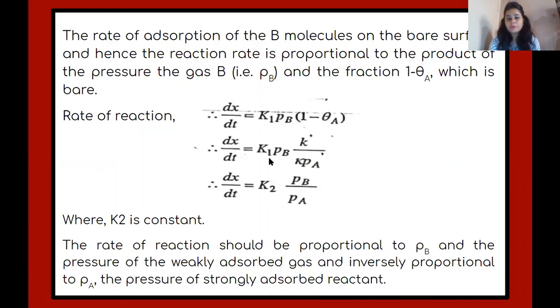So we can substitute the value of 1 minus theta A from the above equation into this equation. The equation turns out to be K1 into Pb into K dash upon Kpa. Now I take K1, K dash and K, which are all proportionality constants, on one side.